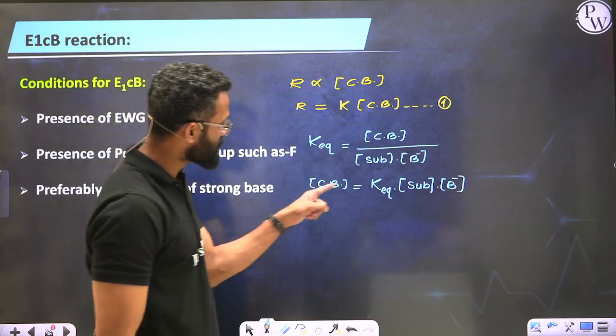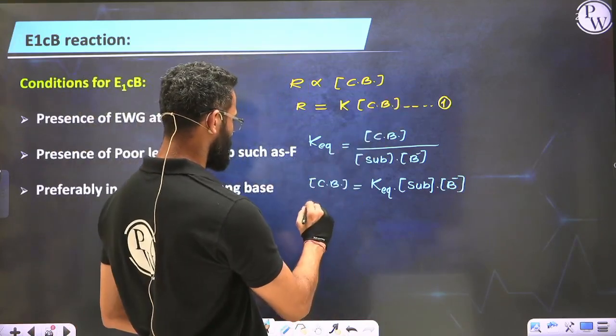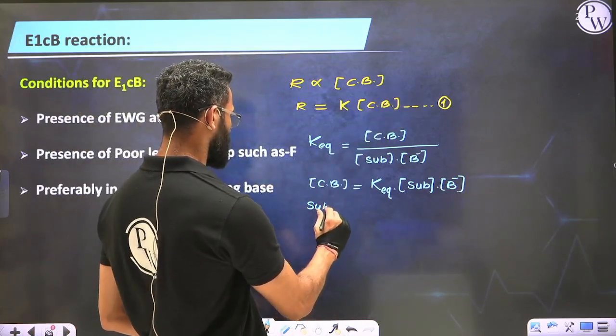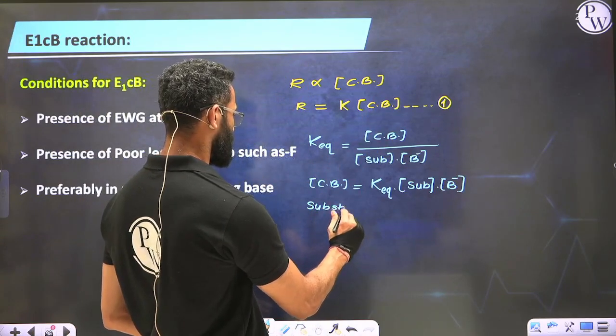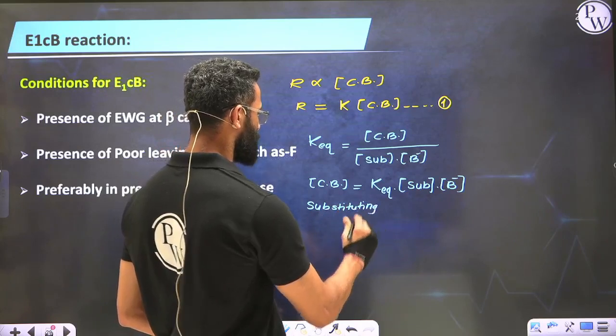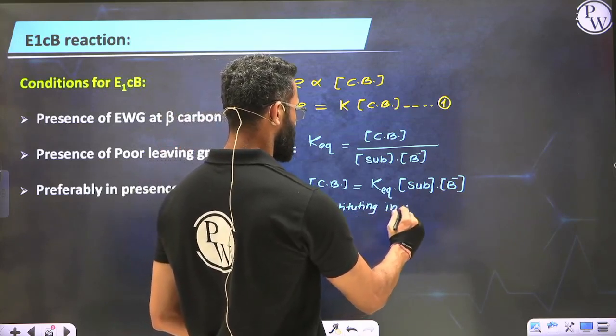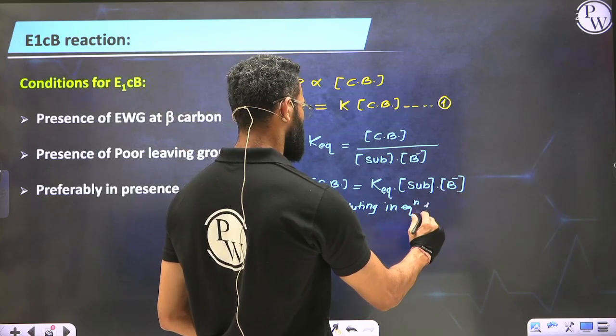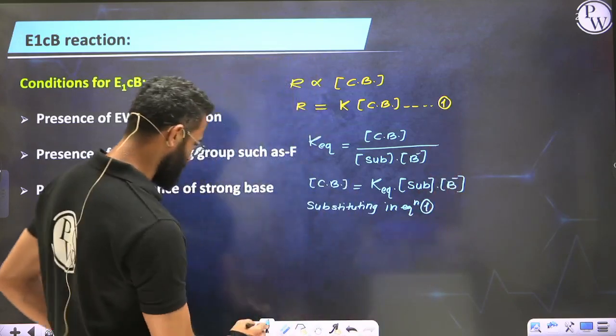Now substituting this value in equation 1, what will we get?